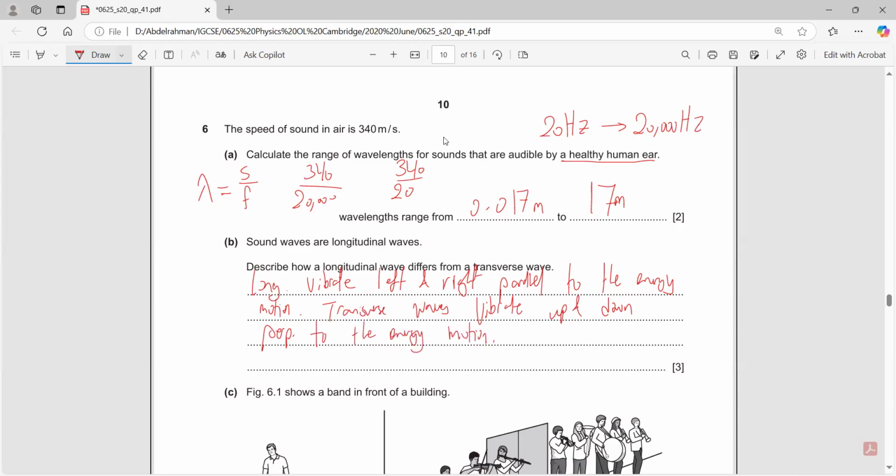You can say that the transverse waves also have crests and troughs. You can say that the longitudinal waves have rarefactions and compressions. So the longitudinal waves have compressions and rarefactions.